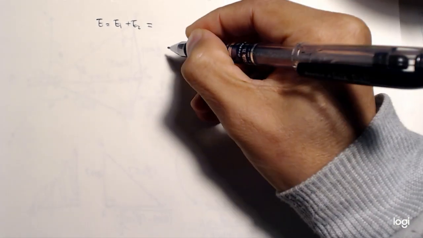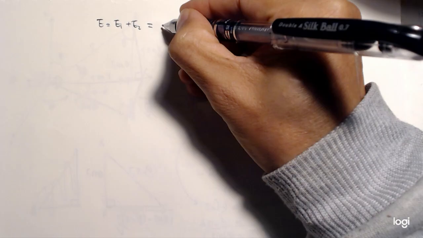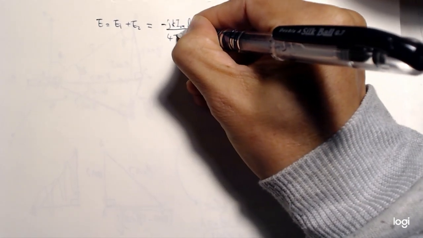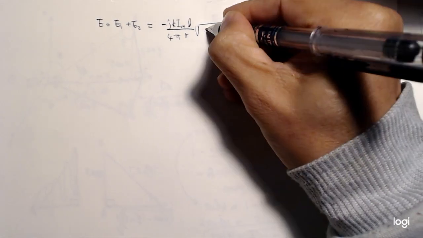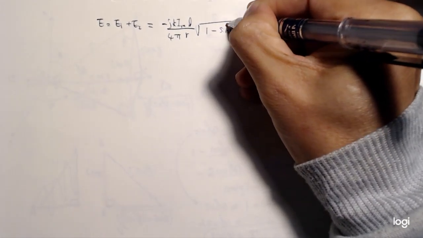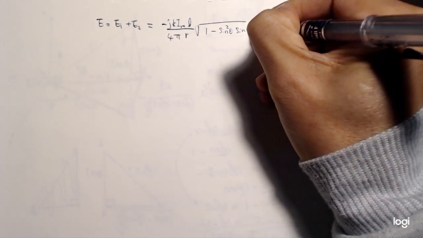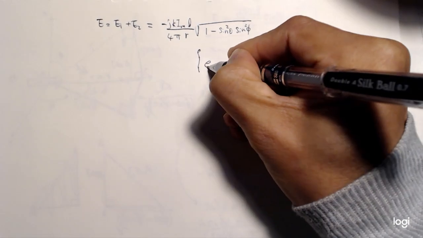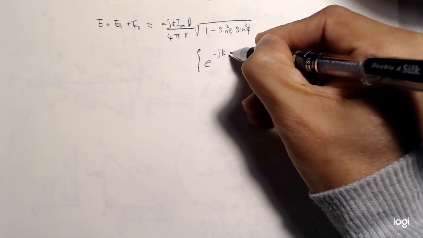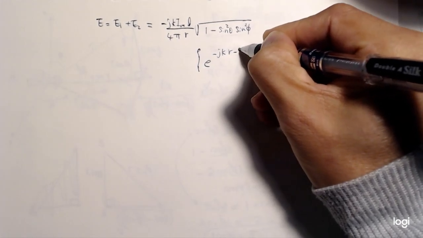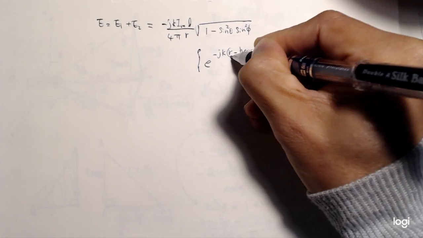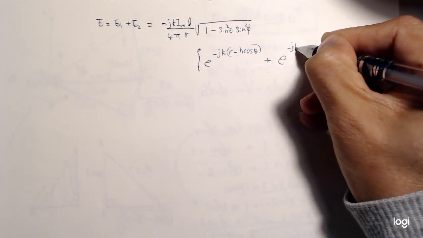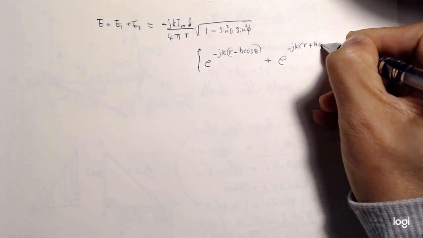And it's going to be kIml over 4 pi R, and then this big chunk of expression, and then e^(-jkR) out of 1, which is equal to, and then rho plus cosine beta.